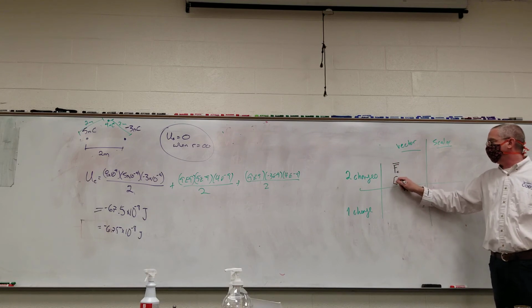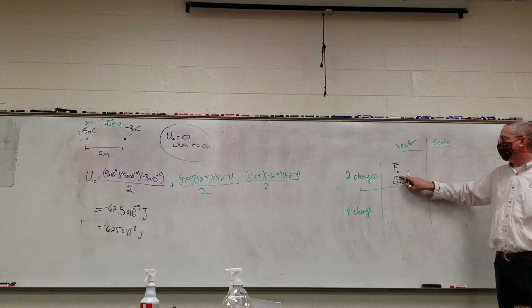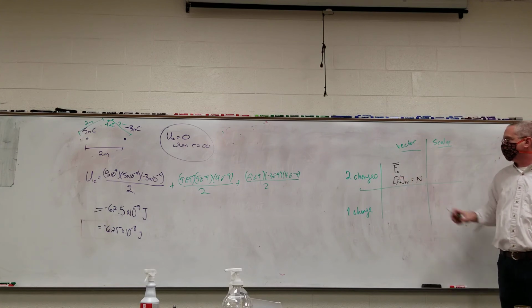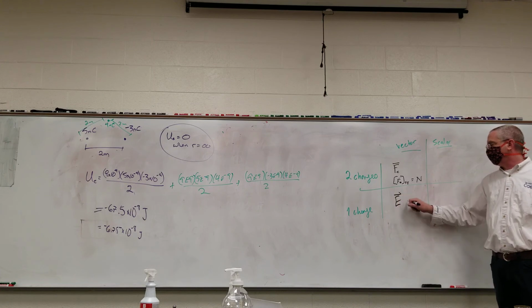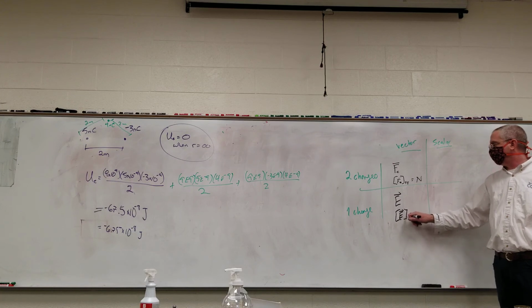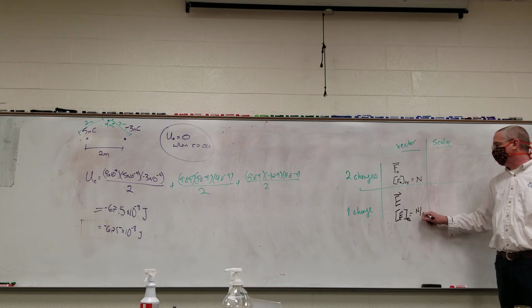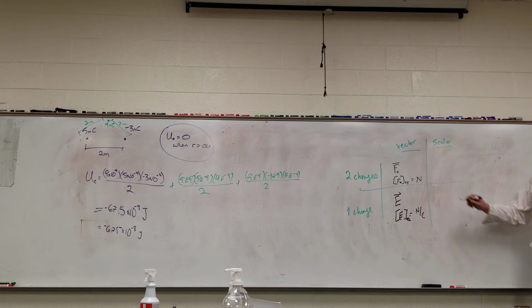The SI unit of electric force, technically the magnitude, is the newton. If I have 1 charge and I'm talking about a vector, I'm dealing with the electric field. And the unit of the electric field magnitude is newtons per coulomb. If I have 2 charges but I want to deal with scalar quantities, we're talking about potential energy. And the unit of potential energy is the joule, the SI unit.